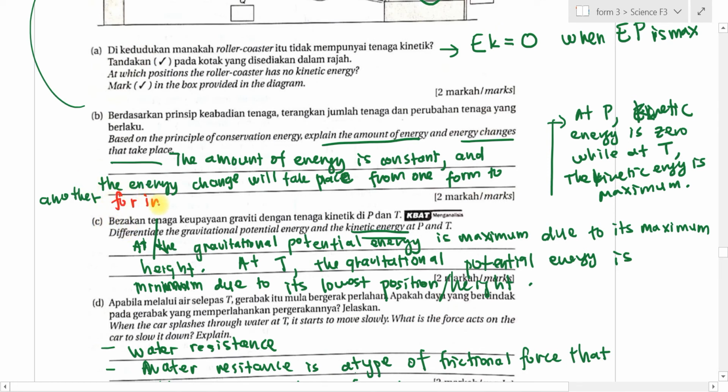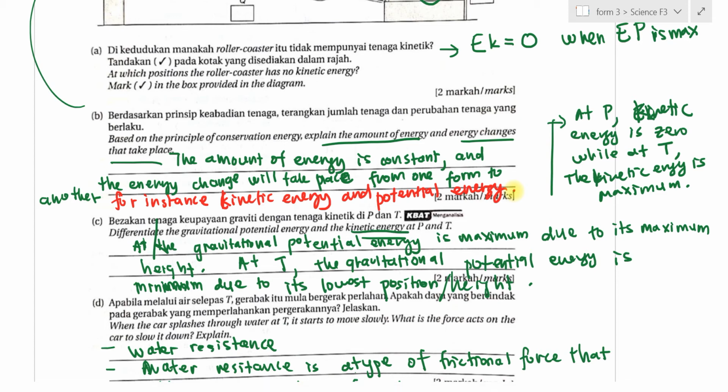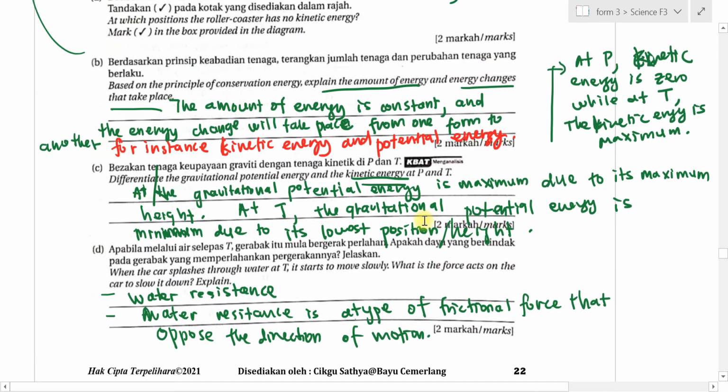For instance, we give an example: kinetic energy and potential energy in this case. Okay, the amount of energy is constant and the energy change will take place from one form to another form. For instance, kinetic energy and potential energy based on this case. Hope you get all the points here.